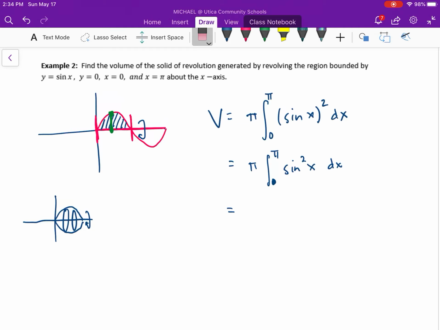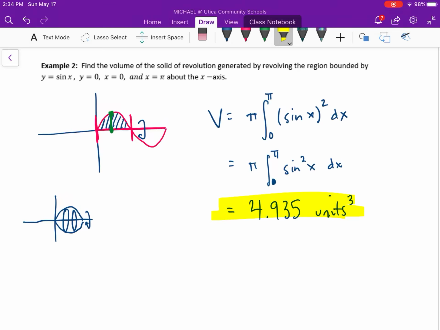So I'm going to go ahead and plug that in. Integral from 0 to pi of sine x squared dx, and that's going to give me an answer of approximately 4.935, again, cubic units.